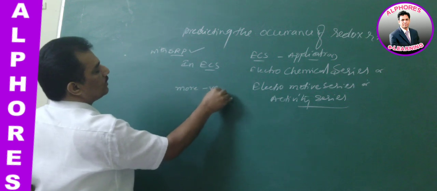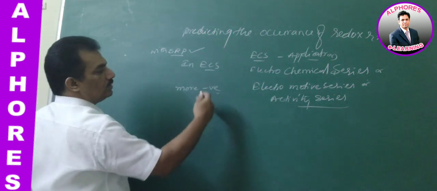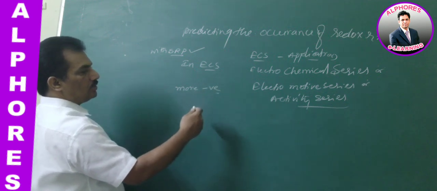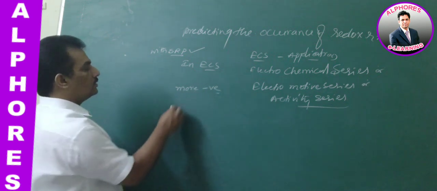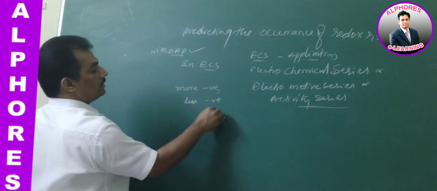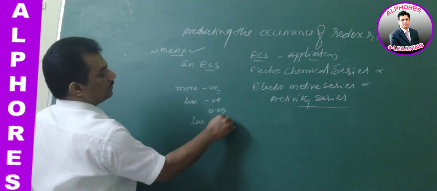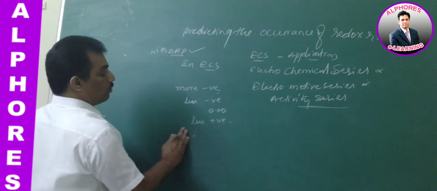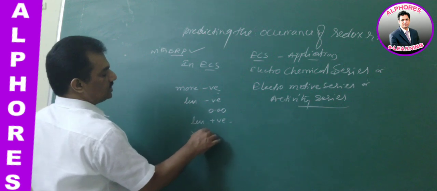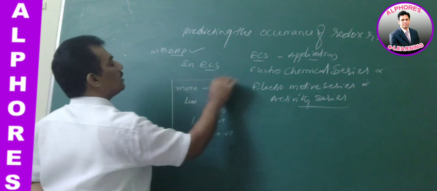More negative value will be first, and then the SRP value should increase, is it not? So less negative then, and then it is 0, and then less positive, and then more positive. Just remember this order for SRP values.